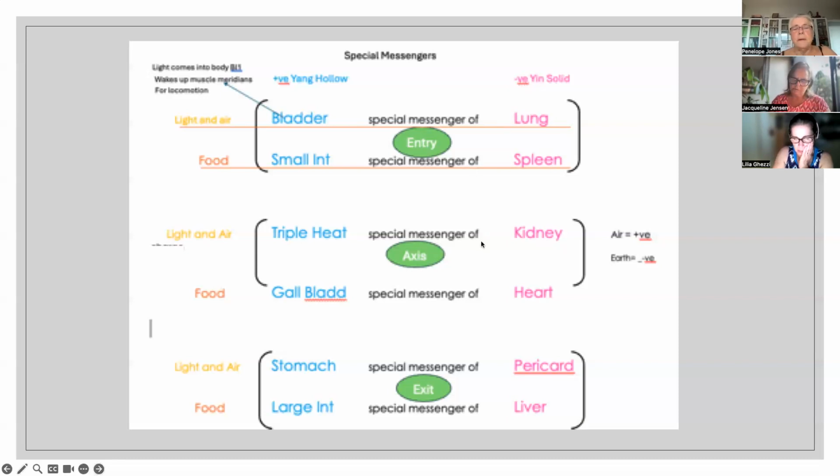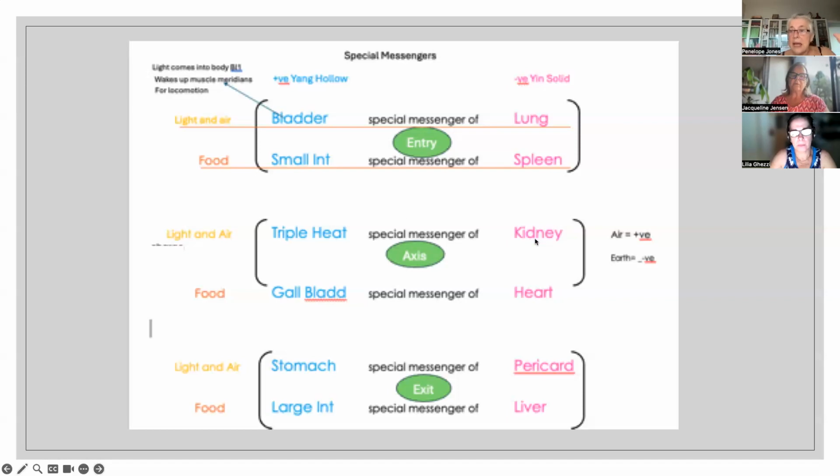Yes, if you look at an example, we all know that the kidney, which has pre-heaven chi and gets energy from Ida and Pingala and the breath, distributes it via the triple heater to the yuan source points. Do you remember that?